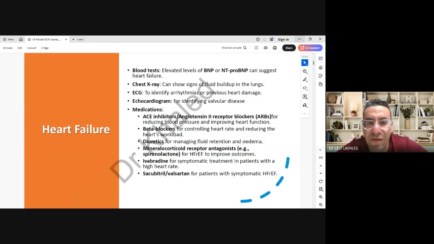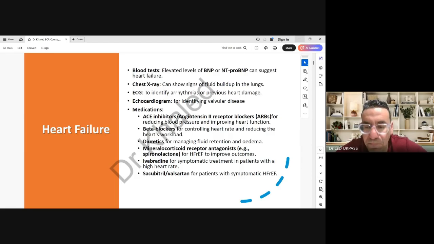So what's the next step going to be? If the patient's HbA1c is 60, coming to you today, you think they have heart failure, and you did the investigations and it came back as heart failure, and he's also coming to you today with uncontrolled diabetes. So what's the next medication that should be prescribed here?